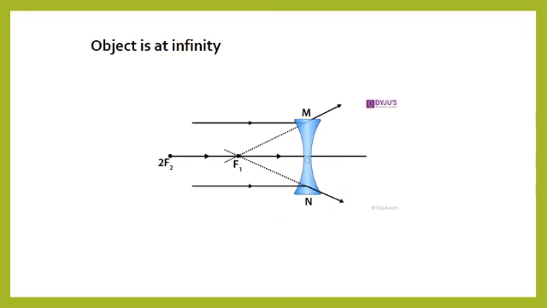In the next case, when the object is at infinity, again the image formed is virtual, erect and diminished, and it is again between focus and optical center.